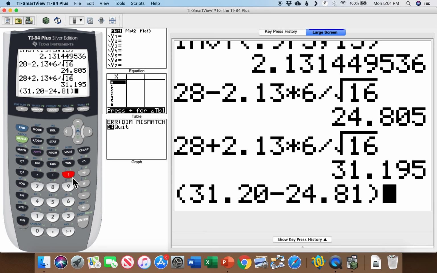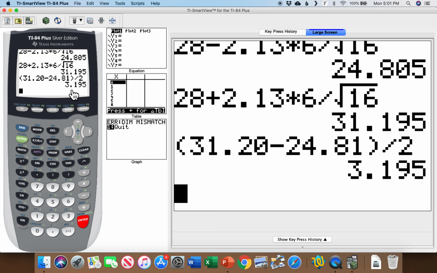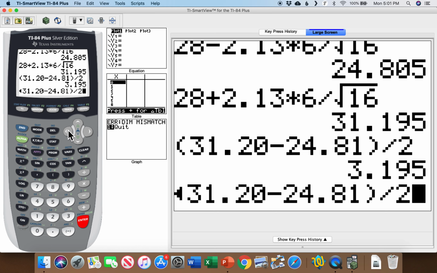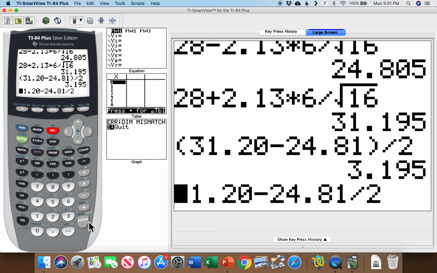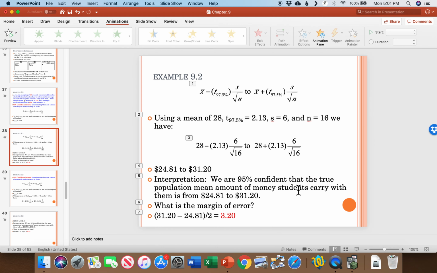And okay, so here's the correct way to do it with parentheses around the numerator. 3.195, which rounds to 3.20. If you remove the parentheses, you're going to get a different answer, the wrong answer. So make sure you put parentheses around the numerator when calculating the margin of error.